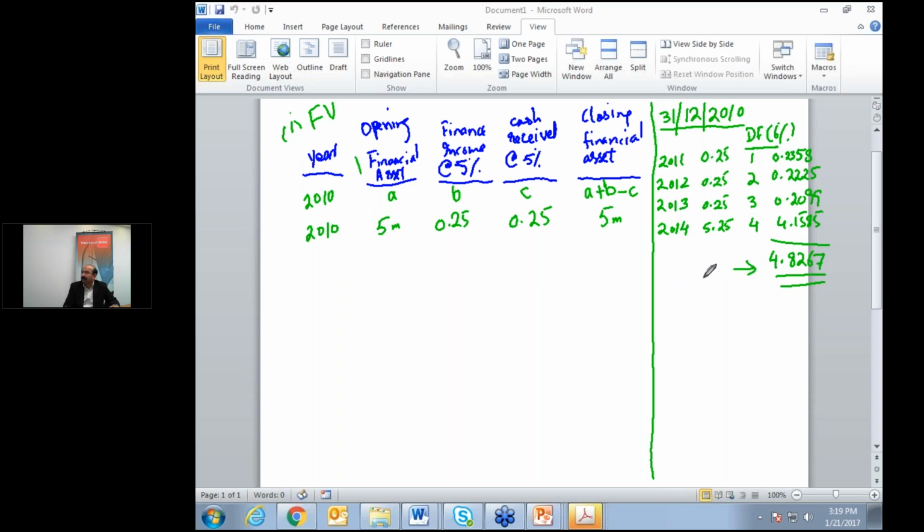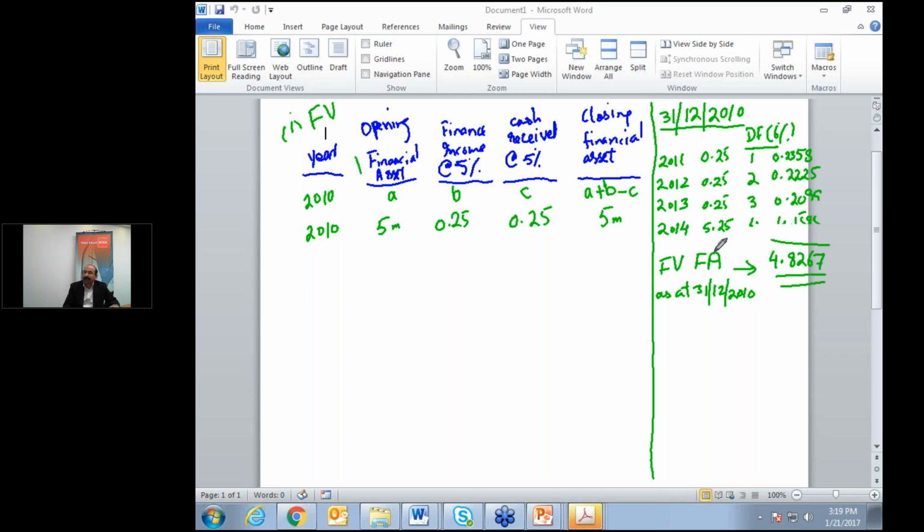So this is the fair value of this financial asset as at 31st December 2010, whereas its carrying value before any adjustment is 5 million, after taking into account the during-the-year effect.